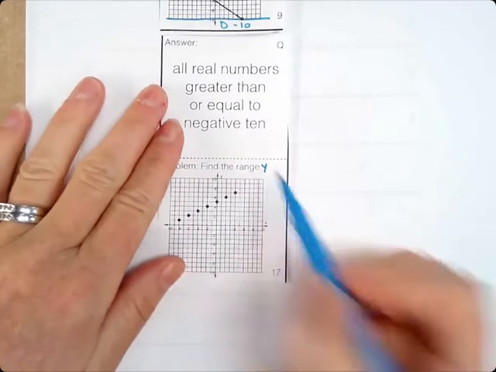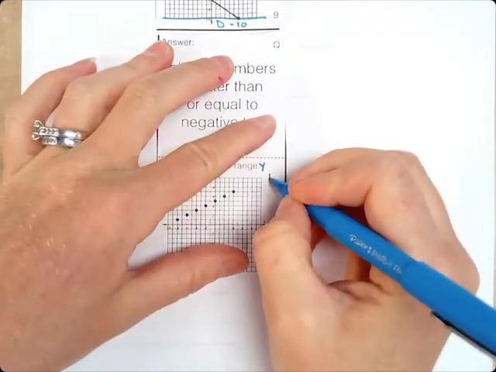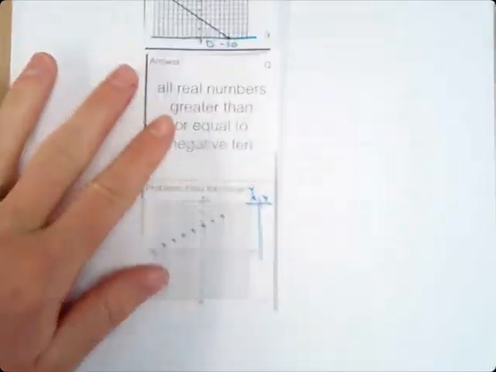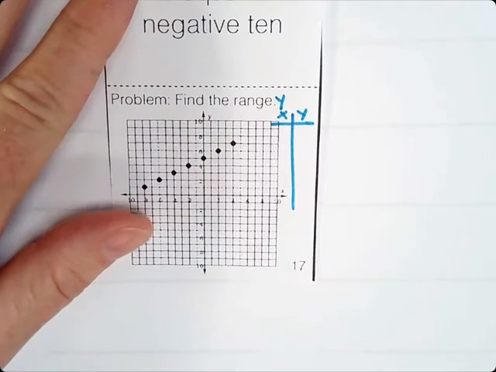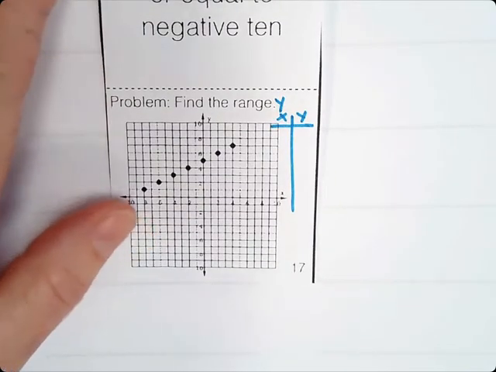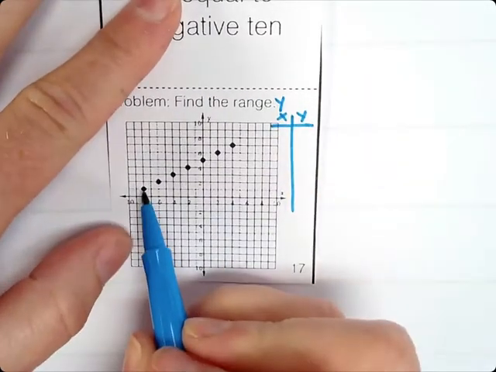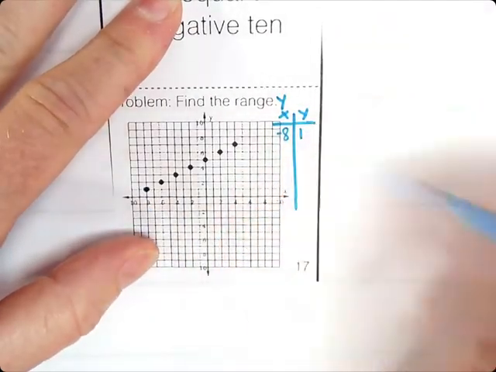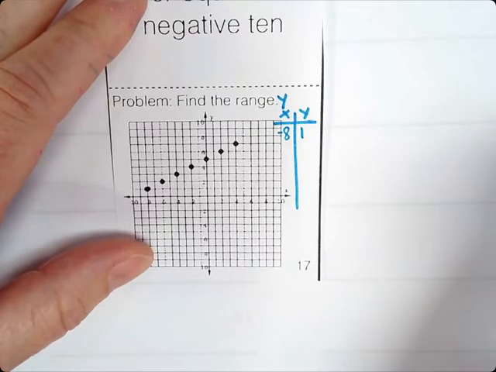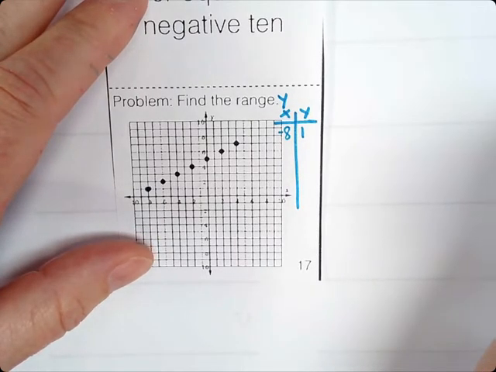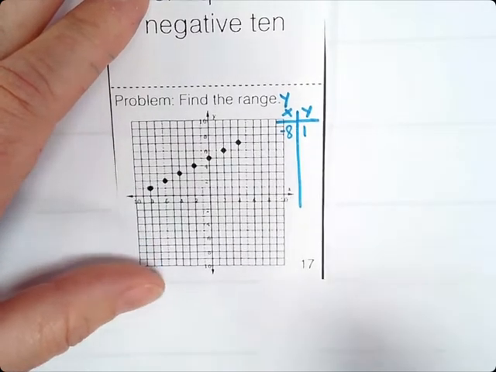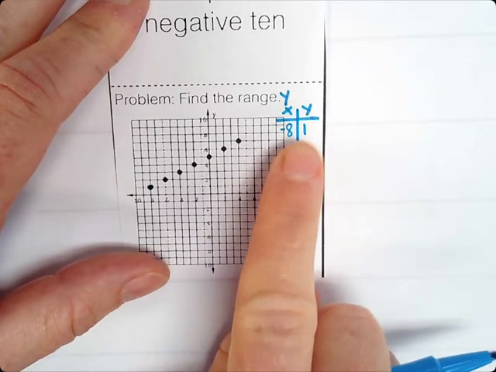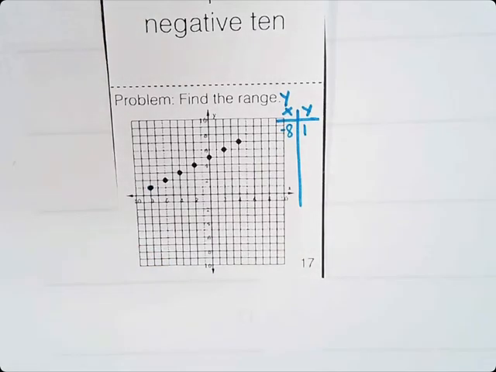We need to know what the y values are. So remember you can do an XY table. So this point would be -8, +1, right? Because you go left or right first and then up and down. So whenever you do your range, you're just going to list out your y values. So go ahead and make a list of all the points.